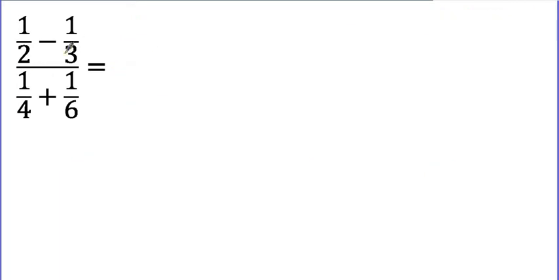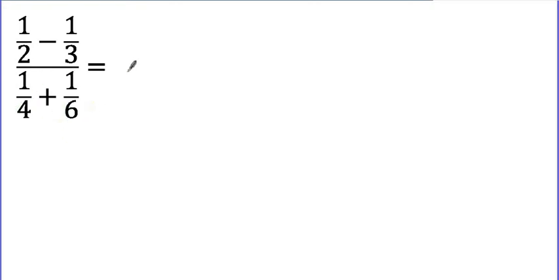Alright, as you see I have my complex fraction here. Look at the numerator, I have 1 over 2 and 1 over 3, and in the denominator 1 over 4 and 1 over 6. So let's look at all the denominators. In the numerator we have 2 and 3 as denominators, and in the denominator we have 4 and 6.